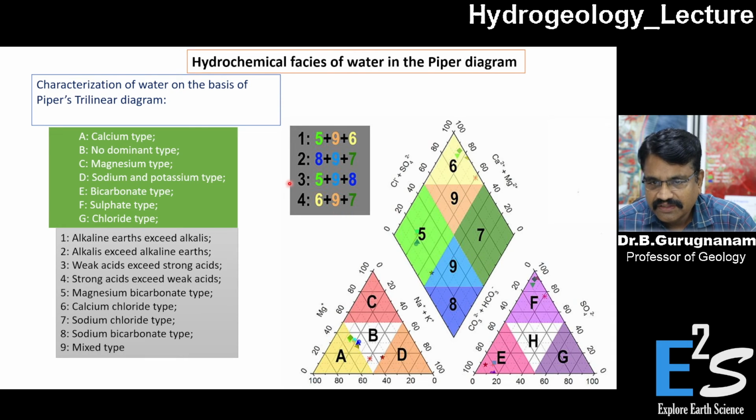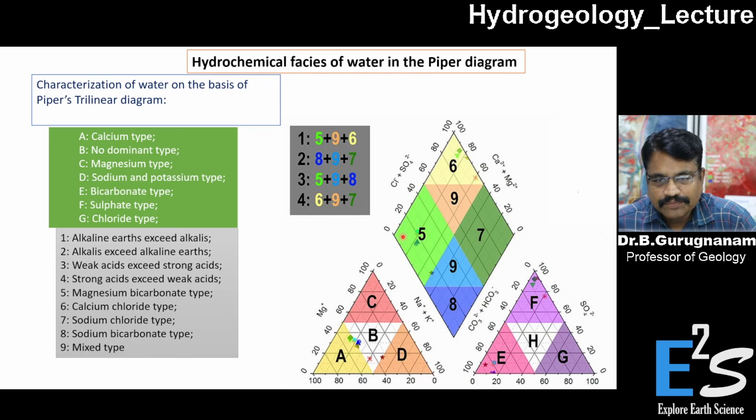Class 3 is 5, 9, 8, if I am taking all my samples falling within this. If it is between 6, 7, 9, that is called 4. And after 4 comes 5, 6, 7, 8 and type 9.